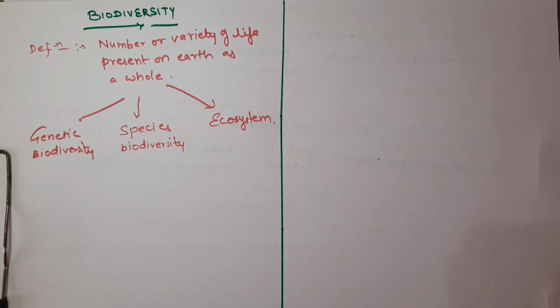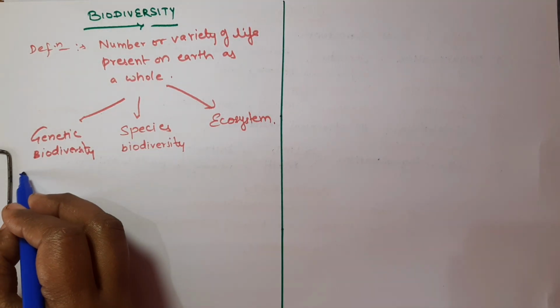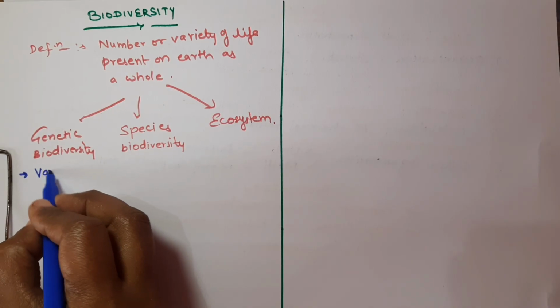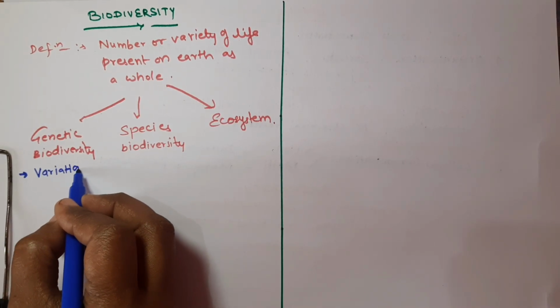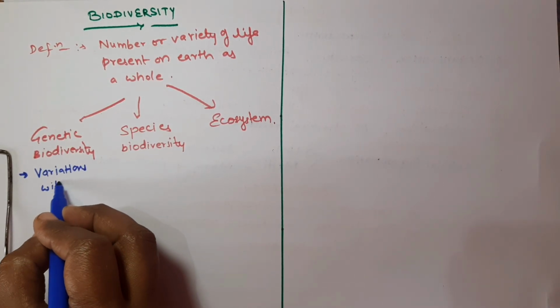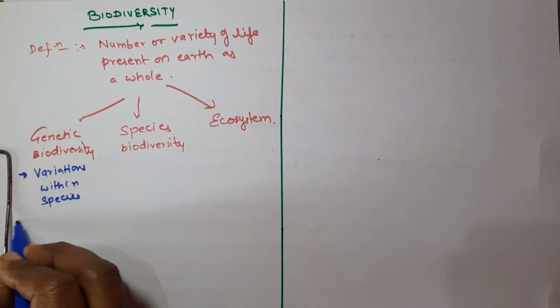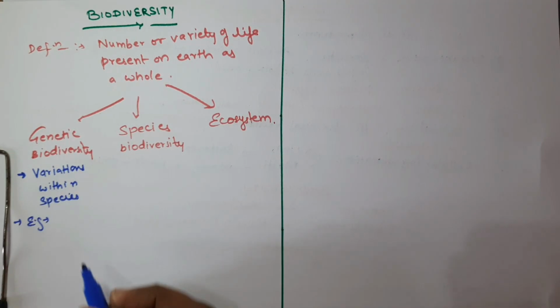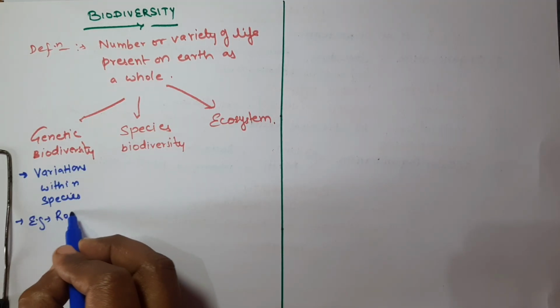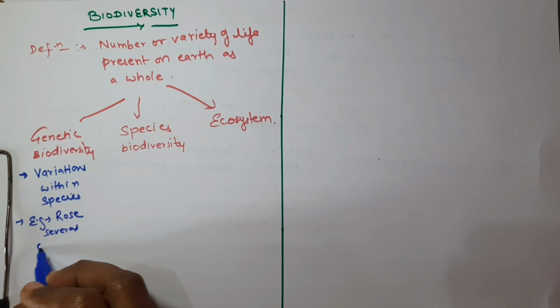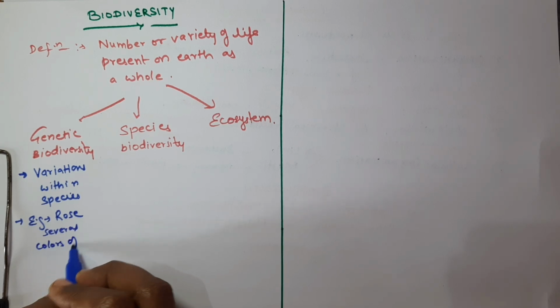So first of all, genetic biodiversity. Genetic biodiversity covers the variation within species. For example, if we take the example of the rose, then there are several colors of roses.